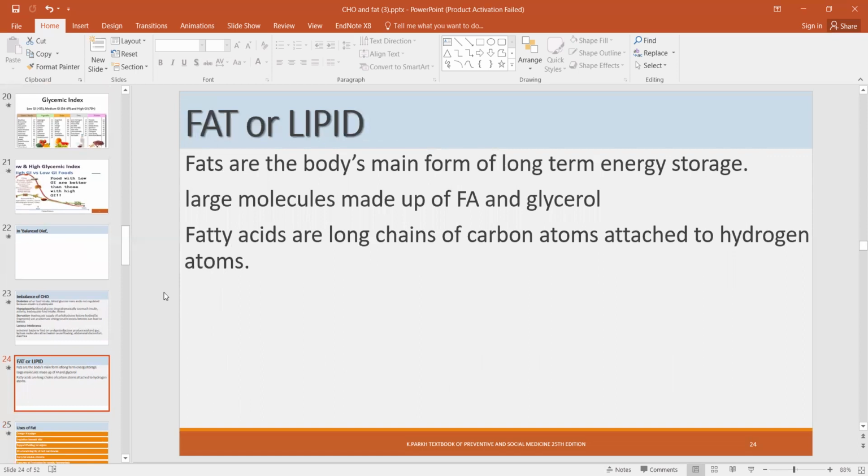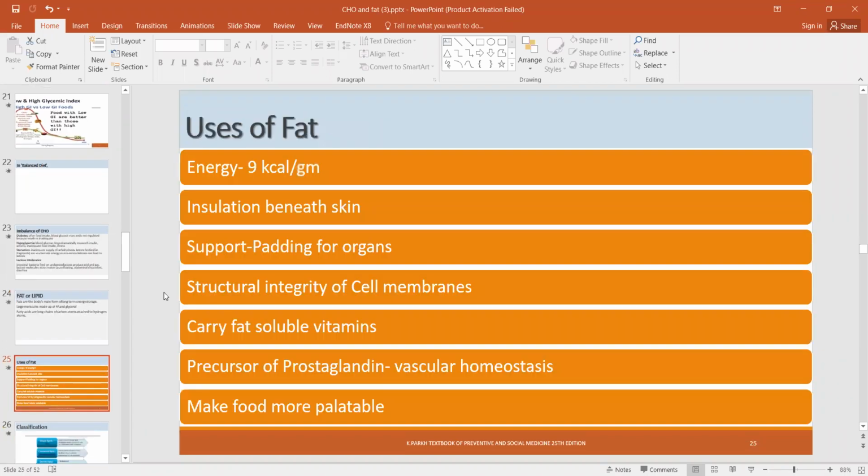Then comes another topic, which is fats, also called lipids. Fats are the body's main form of long-term energy storage. They are large molecules made up of fatty acids and glycerol. Fatty acids are long chains of carbon atoms attached to hydrogen atoms.